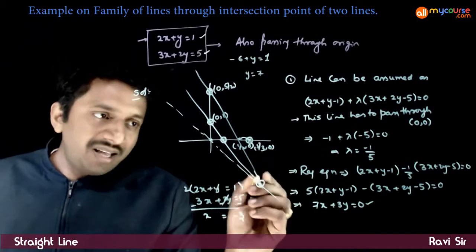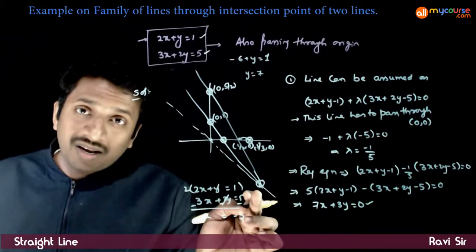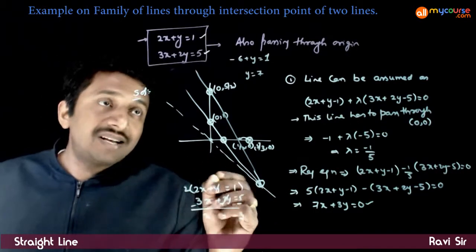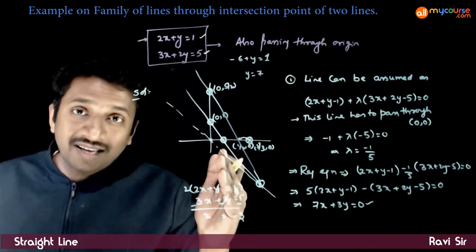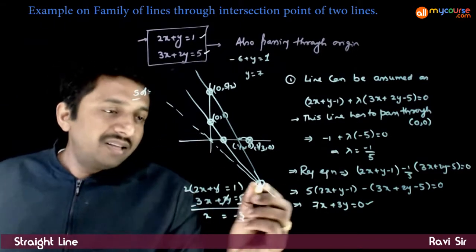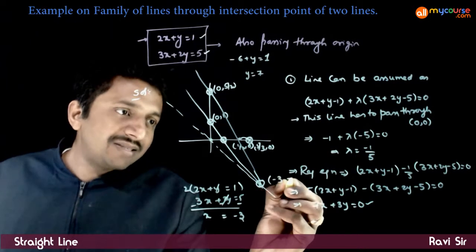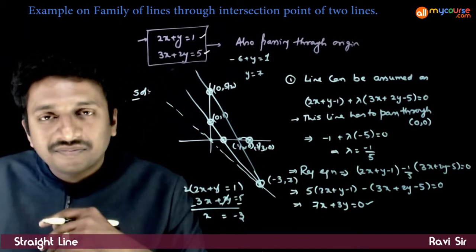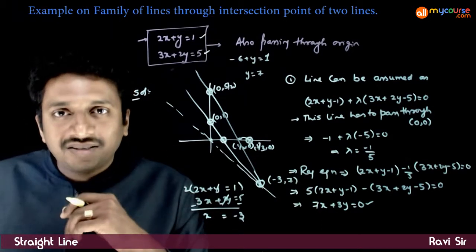So this is the point at which these two lines actually intersect. If you draw the diagram to this scale, you get the point as minus 3, 7.